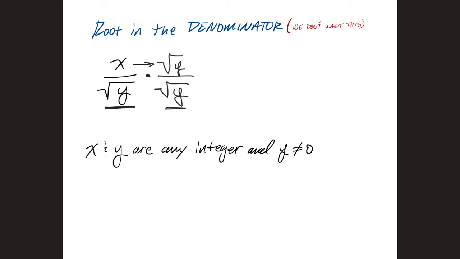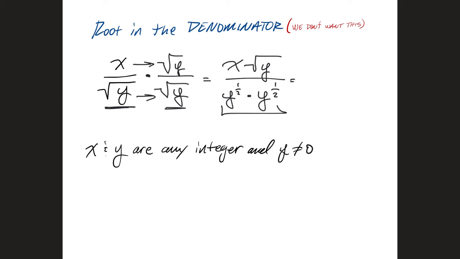When we multiply fractions, we multiply straight across. So in the numerator, I have some number x times the square root of y. And then I have the square root of y, which we'll write using a rational exponent, just to illustrate what happens here, times the square root of y, and we'll use a rational exponent. Here we have the product rule. When I multiply two numbers and the bases are the same, I'm going to add the exponents together.